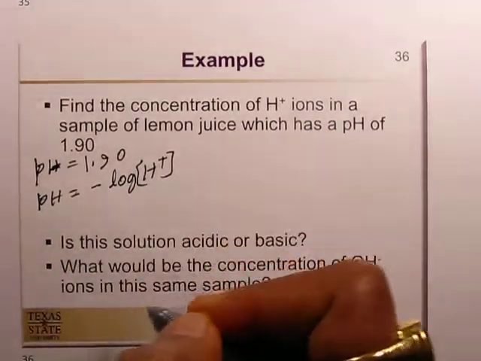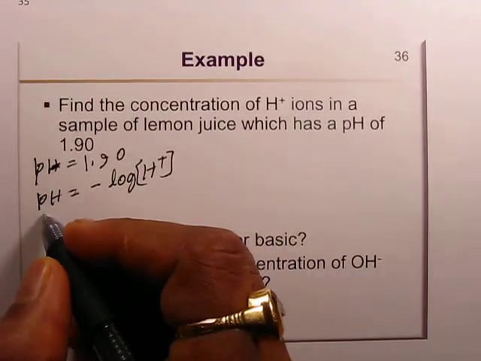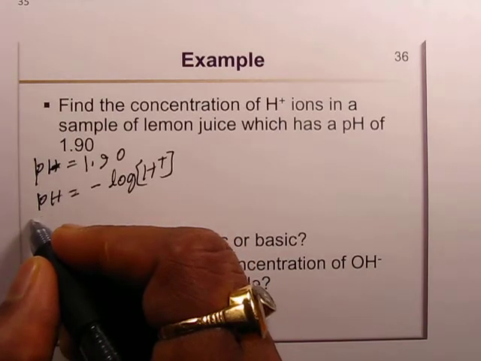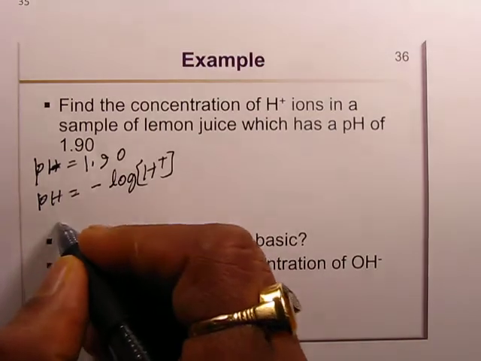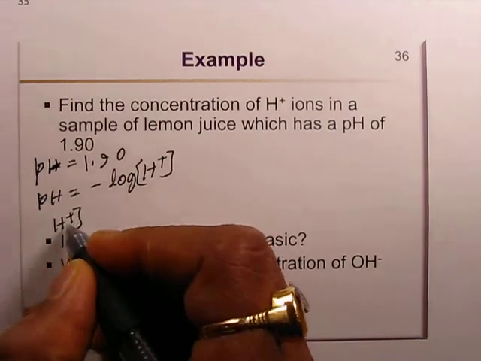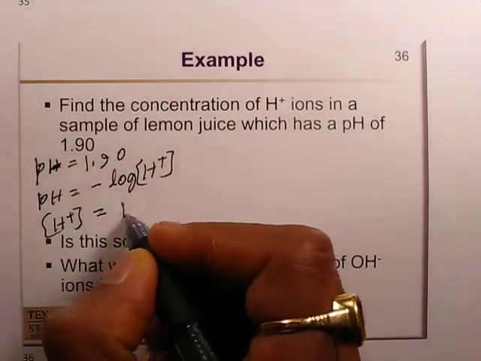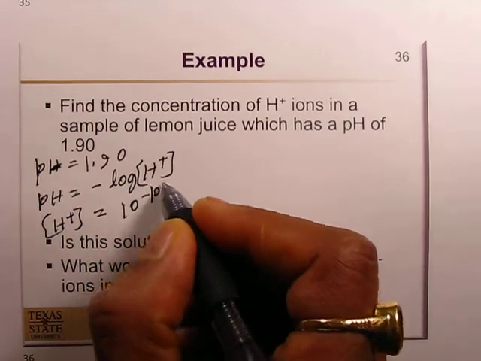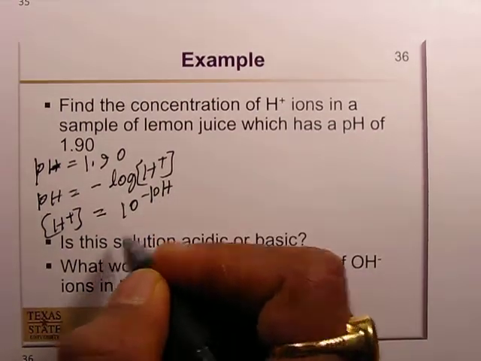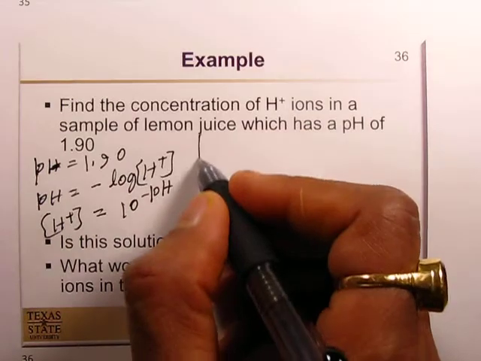So there are 2 simple ways to calculate this. If we want to calculate the hydrogen ion concentration, we can do it like this: 10 raised to the power minus pH. So from here we can find out the hydrogen ion concentration.